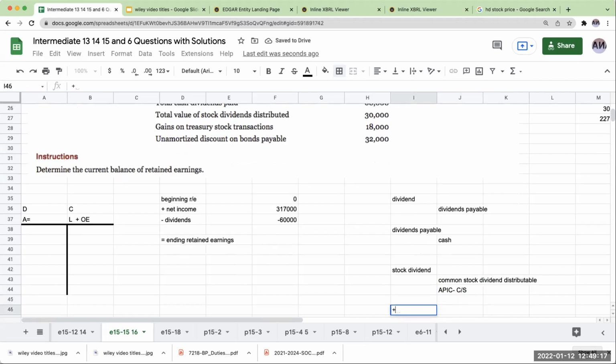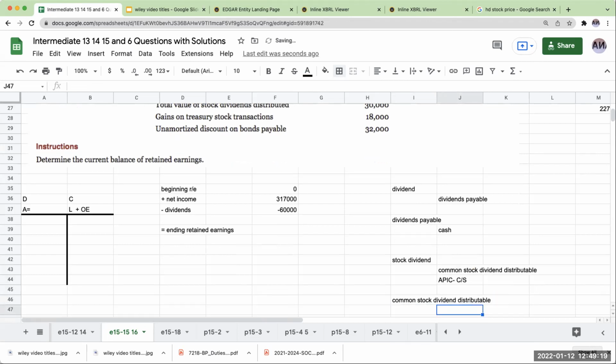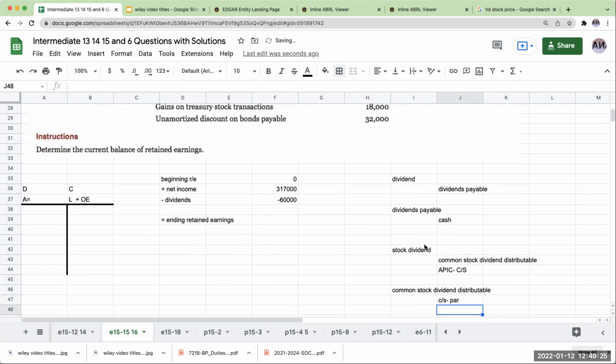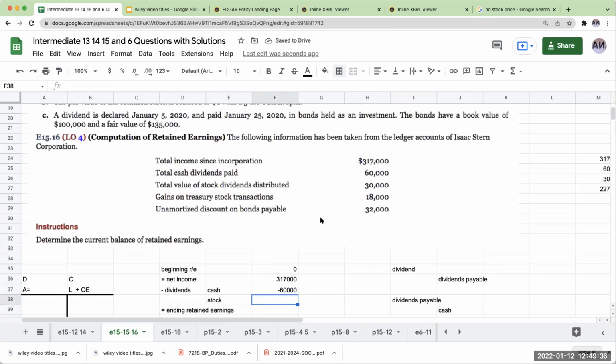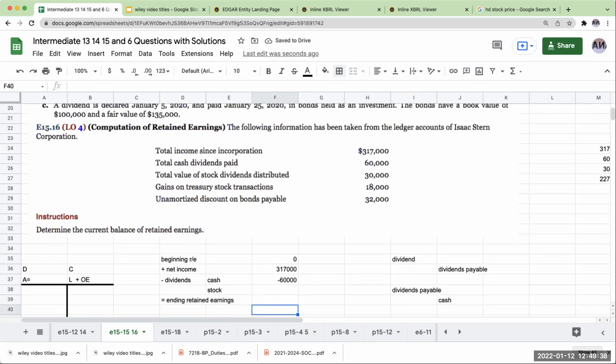Then when I actually distribute it, I debit the common stock dividend distributable and credit common stock at par. As long as it's a small stock dividend, I do this at market value. So this is the cash, and this would be the stock. The stock dividend is going to decrease retained earnings by 30,000.